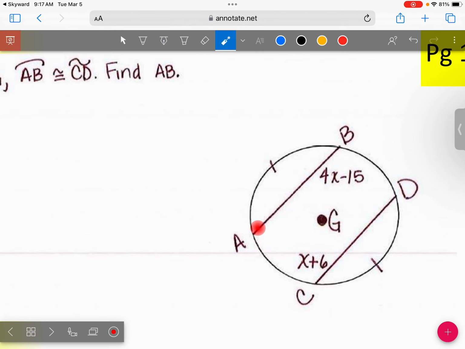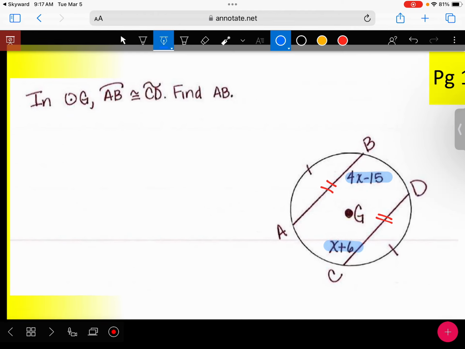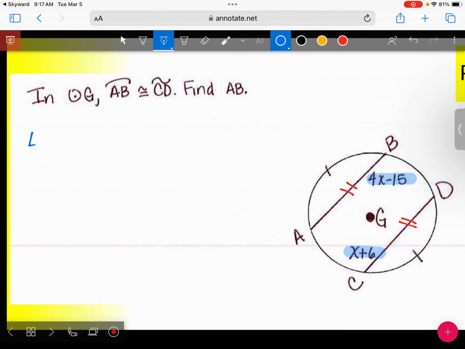Because I know that this arc and this arc are the same, then that tells me that I could set these two equal to each other, because these two chords are the same. You can put 2 hashes on the chords. So take a moment. Take 4x minus 15 and set that equal to x plus 6. Go ahead and solve that for x.